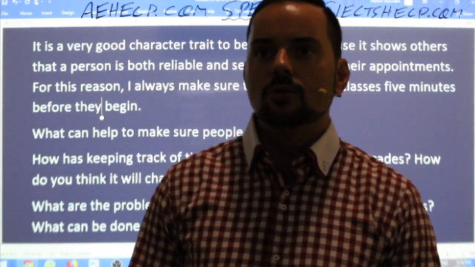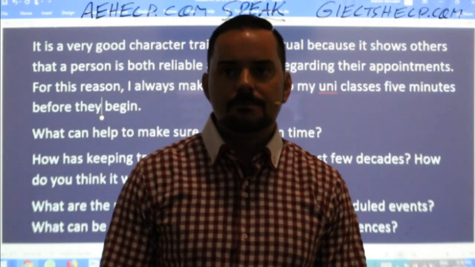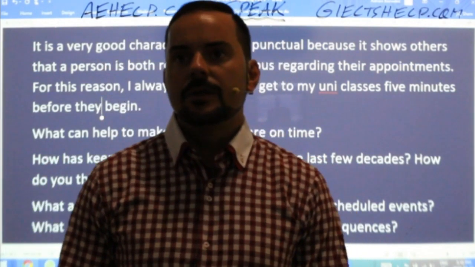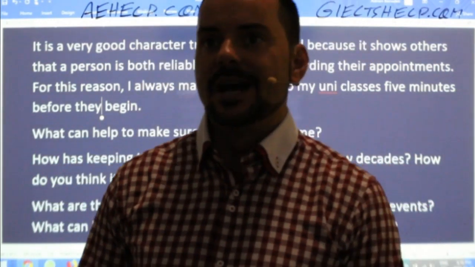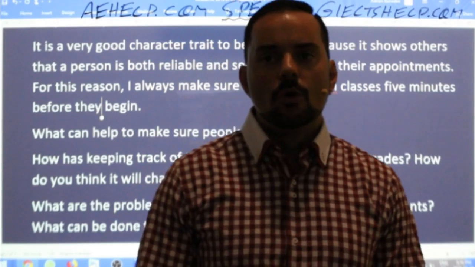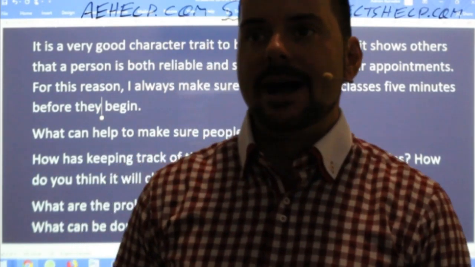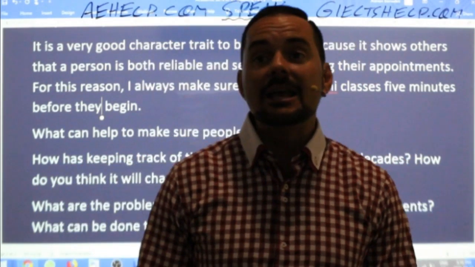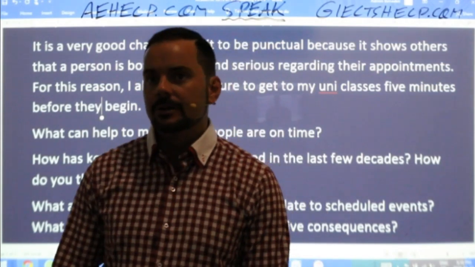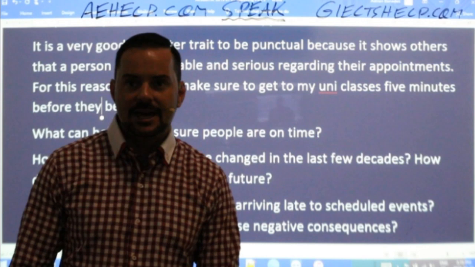There are many tools which can help people to be on time. For example, putting the appointment into an online calendar, or setting a reminder on a mobile, as well as writing it down in a day planner. It's not a diary, Renu. It's called a day planner. Okay, and that's for everybody, day planner.